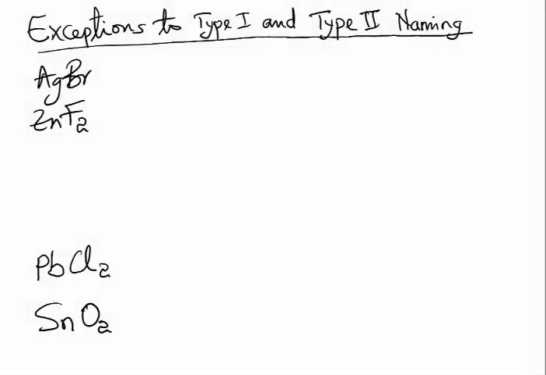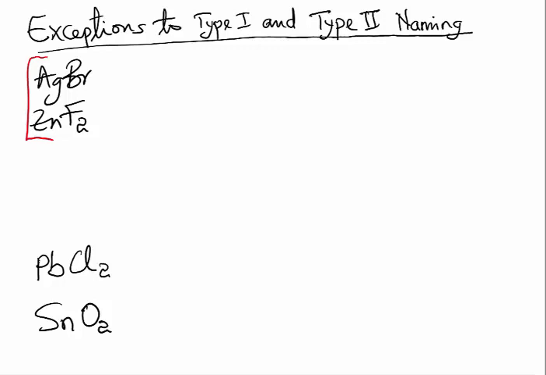Let us now take a look at some exceptions to the nomenclature of type 1 and type 2 compounds. Let us take a look at these two compounds: AgBr and ZnF2.